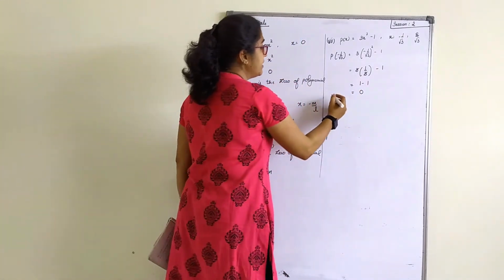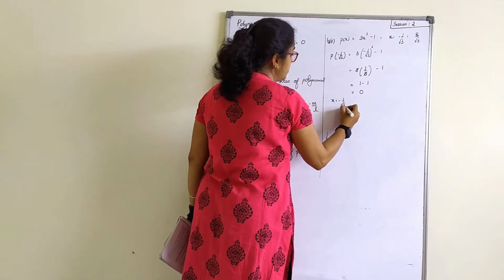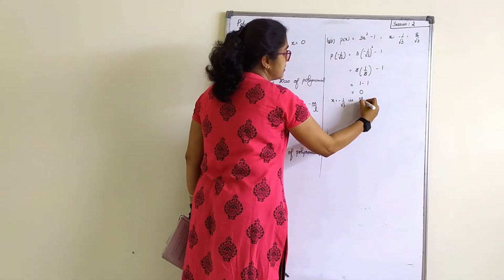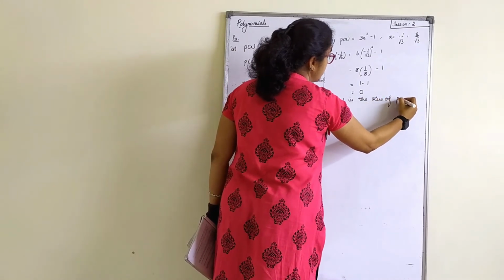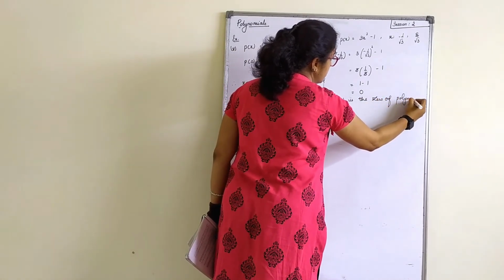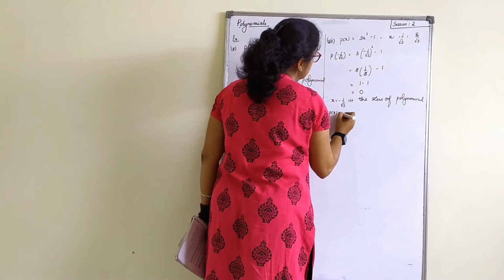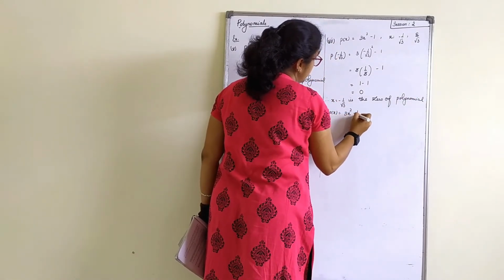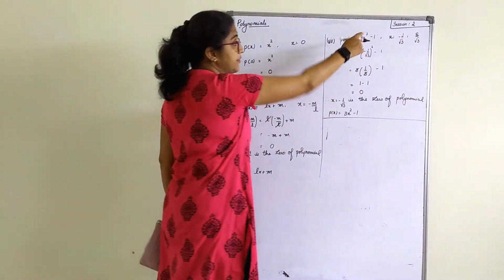So what can I write? Therefore, x is equal to minus 1 by root 3 is the zero of the polynomial p of x is equal to 3x square minus 1. Right? So let's start with the next one now.